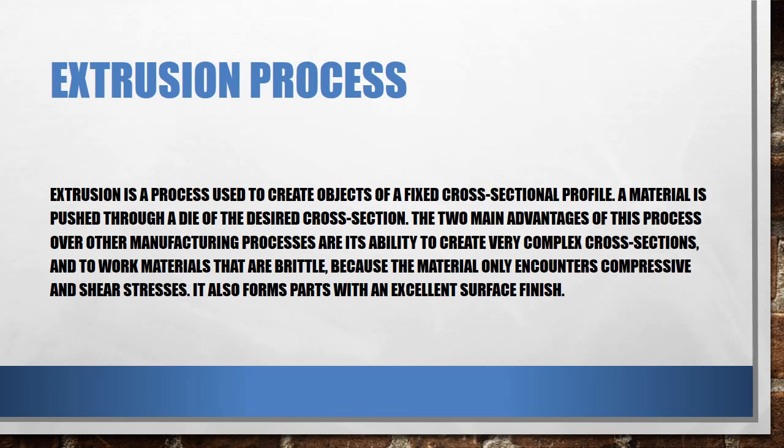are its ability to create very complex cross-sections and to work materials that are brittle because the material only encounters compressive and shear stresses. It also forms parts with an excellent surface finish.